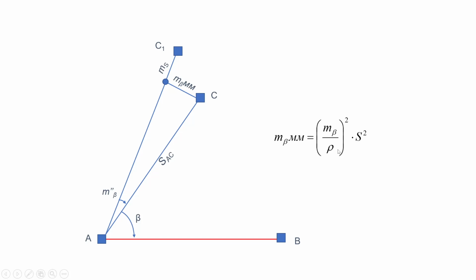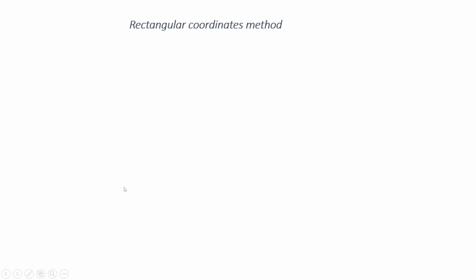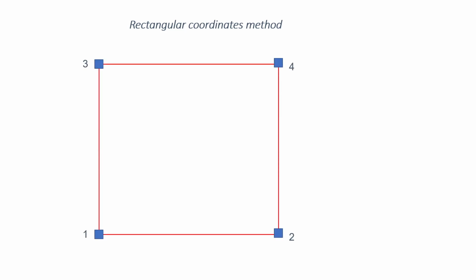So this linear dimension of this mistake you can see, use the rho constant to recalculate it from angular. Rectangular coordinate method.